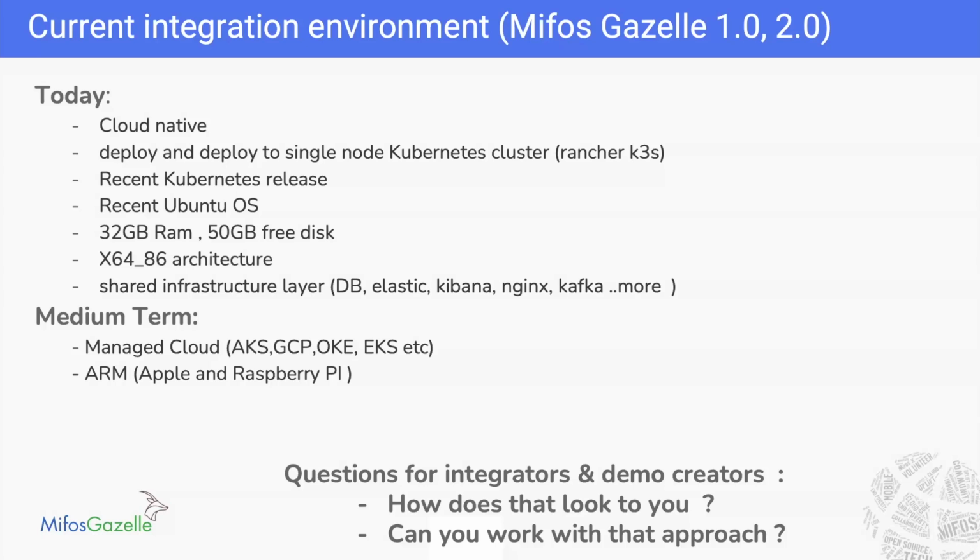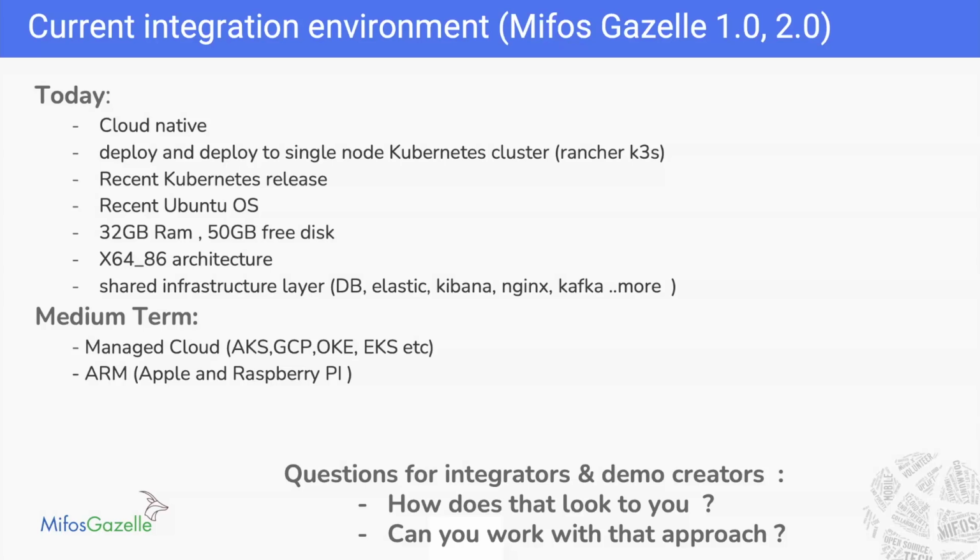Do they look not enough for your platform? Can you work with that approach? Look, it's a conversation starter. Let us know what you think it might take to do a type 1 or a type 2 integration with your DPG.